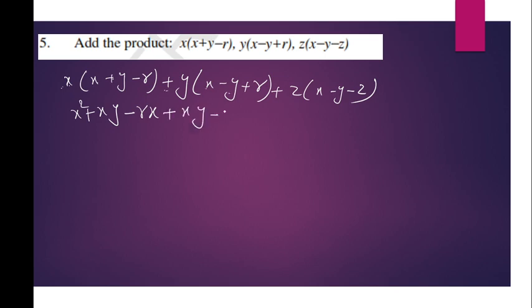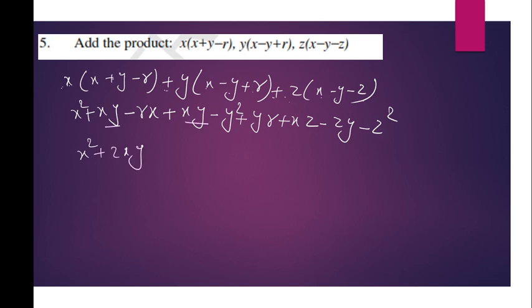Plus into plus, plus yz. Plus into plus, plus xz. Plus into minus, minus zy. Plus into minus, minus z square. Now see here, do we have x square term? No, x square as it is. Xy term, yes, 1, 2, so plus 2xy. Zx term we have? No, minus zx. Minus y square term? No, minus y square as it is. Plus yz? No, yz.